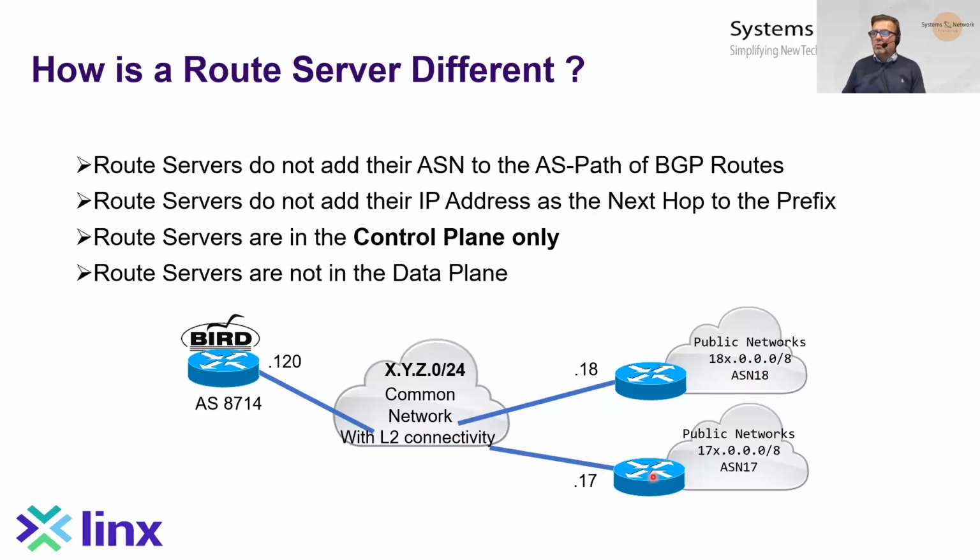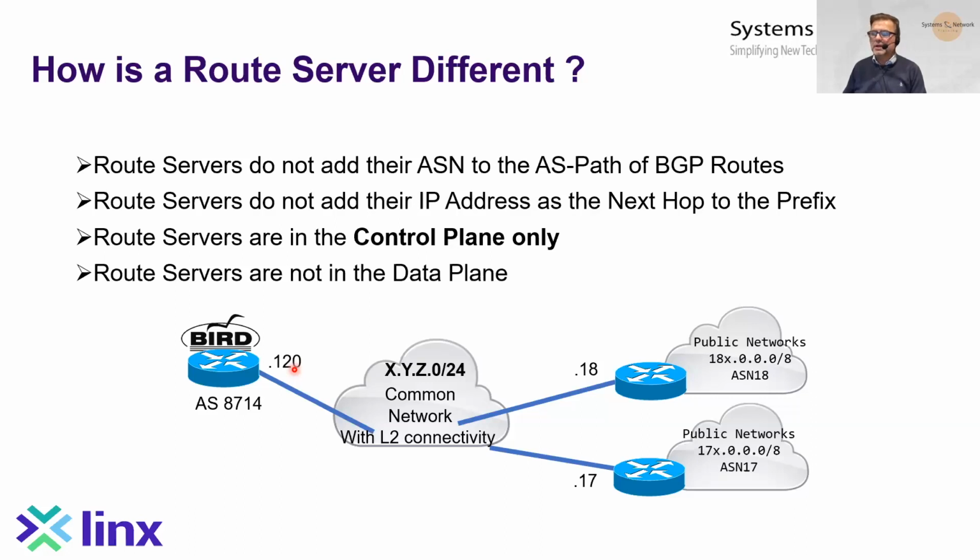Normally, when a router, like we're seeing over here, passes on routes, it advertises its own autonomous system. So here that would mean advertising the 8714, and it advertises its own IP address as the place to get those routes. But a route server does not do this.